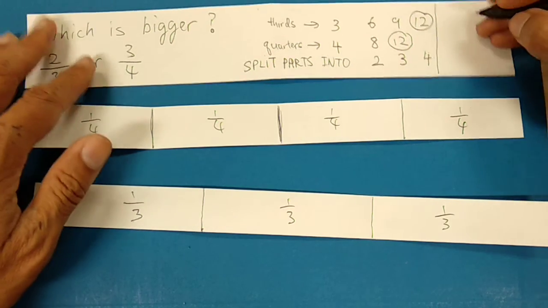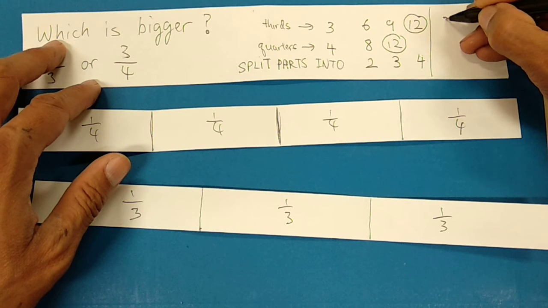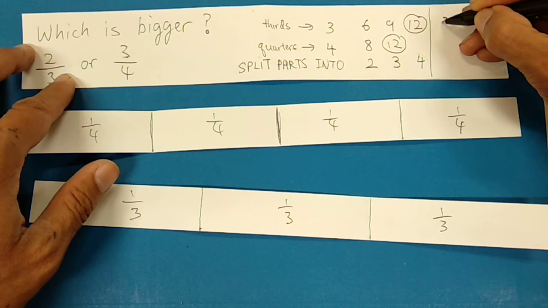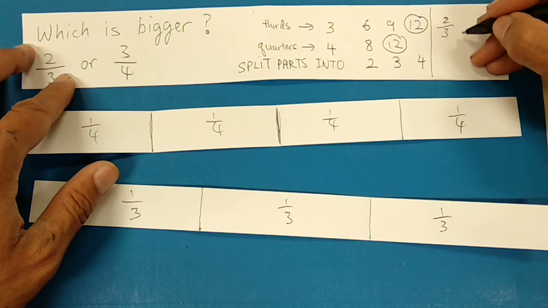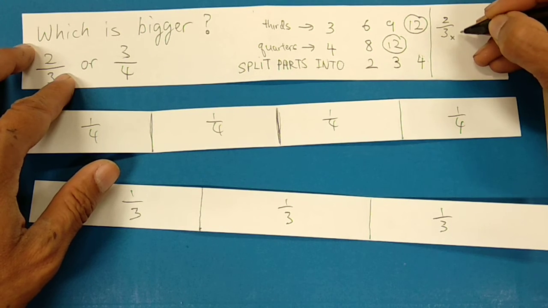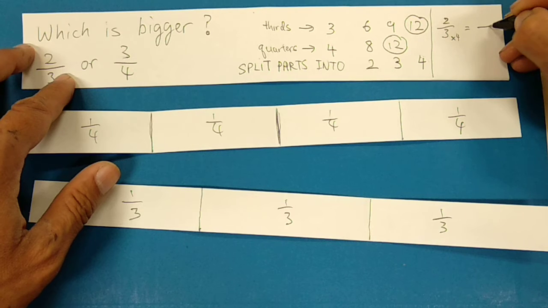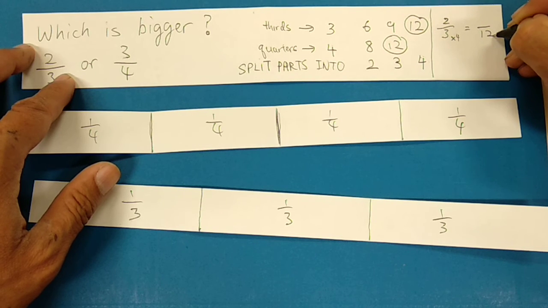So there we go. Two thirds, if I break each part into 4 smaller parts, I'll end up with 12 total parts.